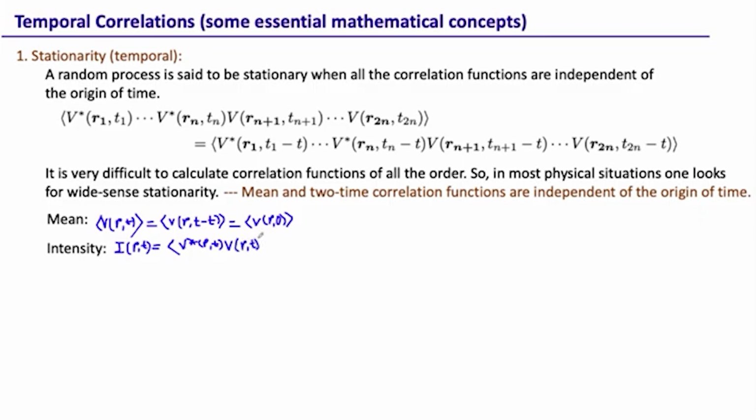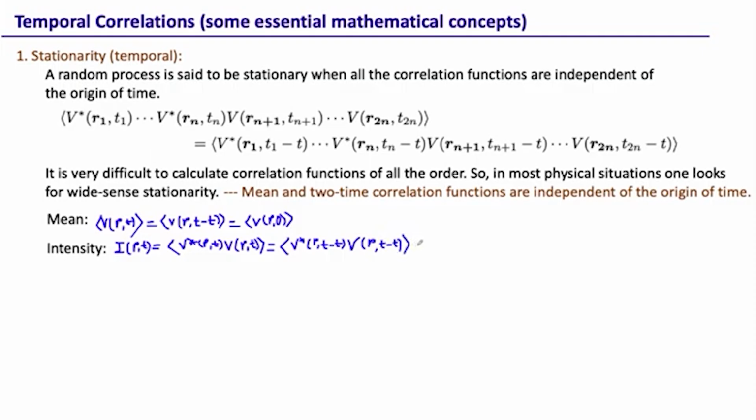Now, if this has to be independent of the origin of time, then we have to have V star (r, t minus T), we are just shifting it by time T, and then V (r, t minus T).